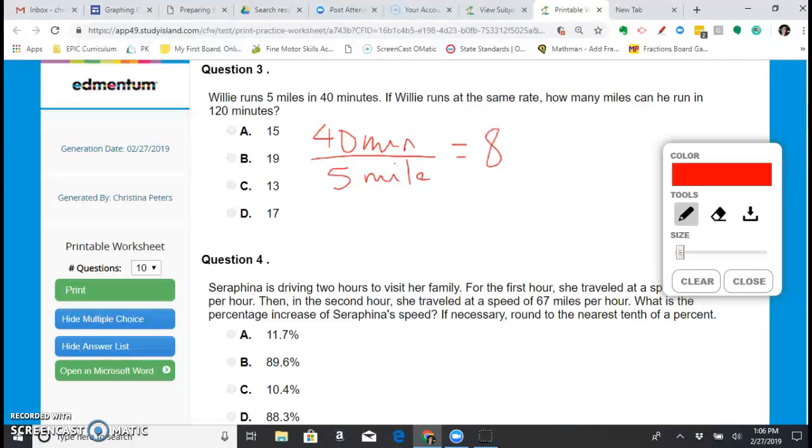So that means every 8 minutes, he ran 1 mile. How far can he run in 120 minutes?